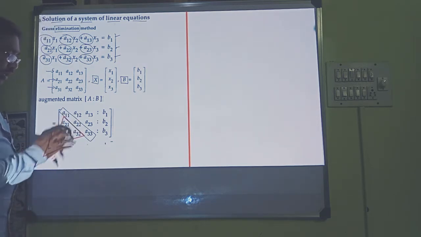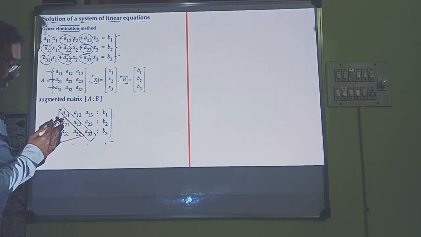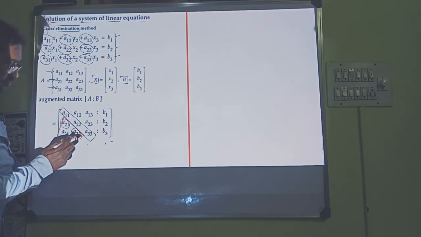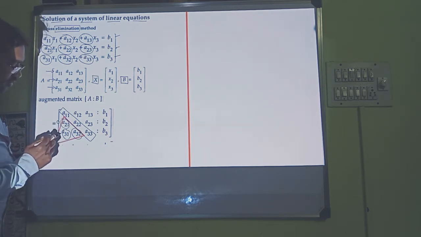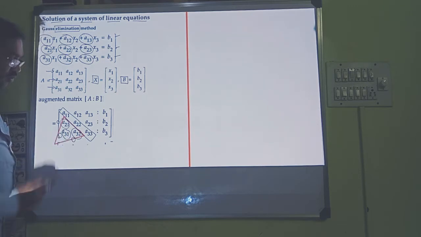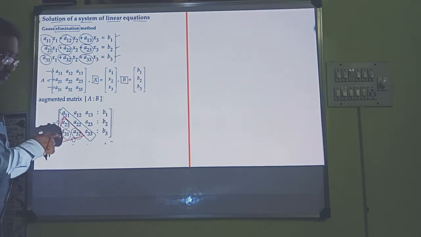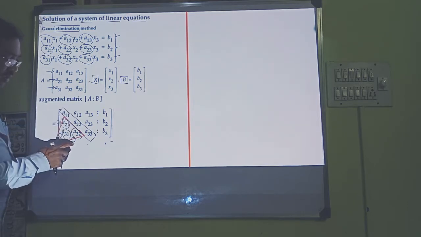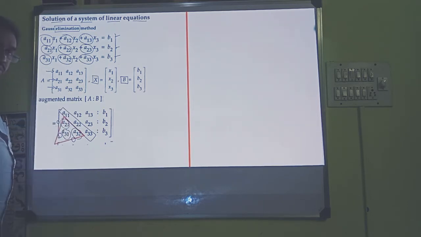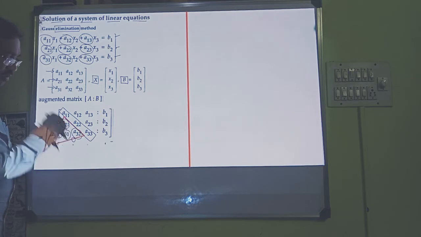Below that principal diagonal, you have these elements. Our aim is to make these elements 0. That is, below the principal diagonal, we need to make all these three elements zeros.